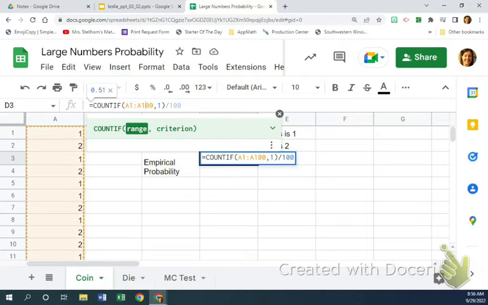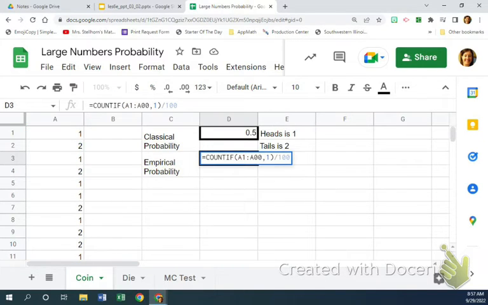We're going to change the range to 200, and we're no longer dividing by 100 cells. We're now dividing by 200 cells.